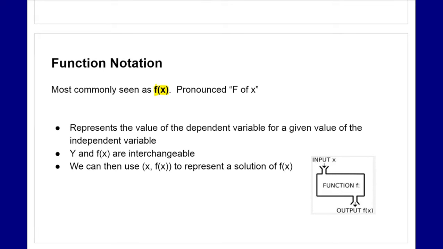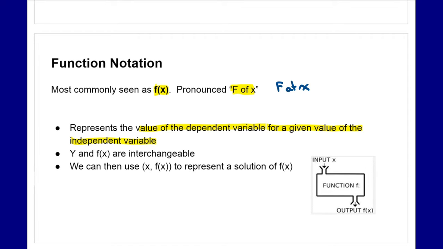We see here f and then an x in brackets. You may also pronounce it as f of x, or another way you might say it, f at x. All it means is that f at x, or f of x, represents the value of the dependent variable for a given value of the independent variable.